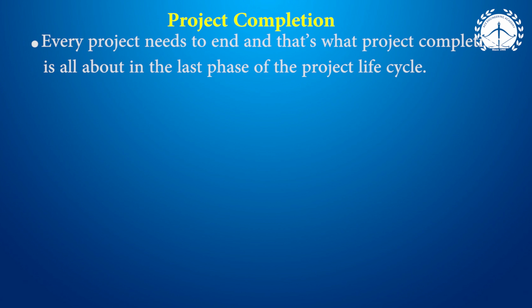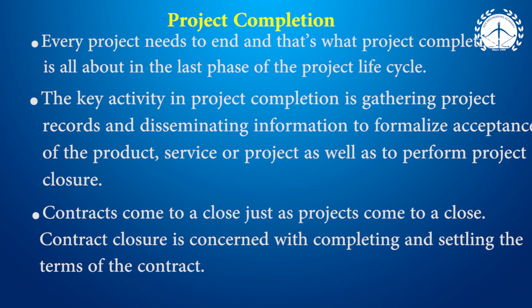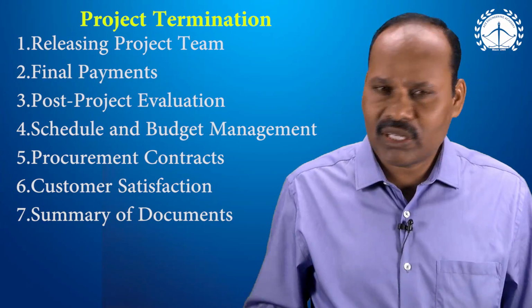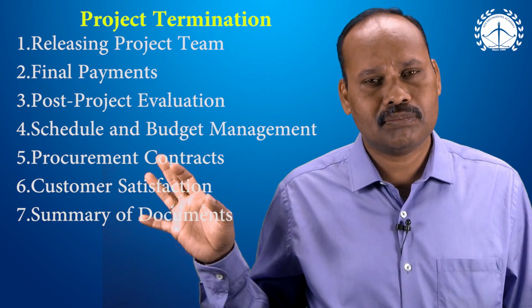And when we complete the work, the most important thing, contract. The contract is completed and that closeout phase should be very, very proper and always we have to hand over all documents to the customers in the proper manner. So in the termination phase, what are the activities that will take place? We are going to release the project team.